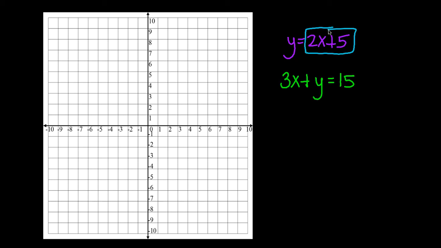But there's one particular combination of x values and y values that will make my purple equation and my green equation both true. So since I'm looking for the situation where the purple and the green equations are both true, it would behoove me to use substitution method, which allows me to say this. If both of these things are true, then I can combine them into one thing.